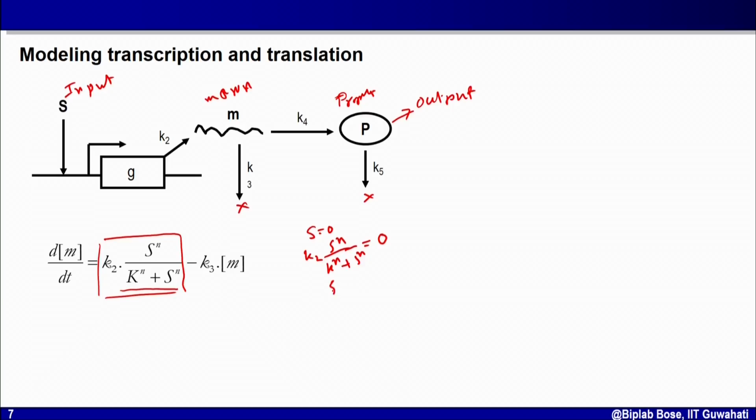When S is greater than 0, then this function will have sigmoidal behavior, depending upon S. That means as S increases, this whole term will also increase and reach a maximum value K2, because the hill function has a maximum value of 1, so 1 into K2 is K2. Initially when S equals 0, K2 into 0, so the rate is 0, no transcription.